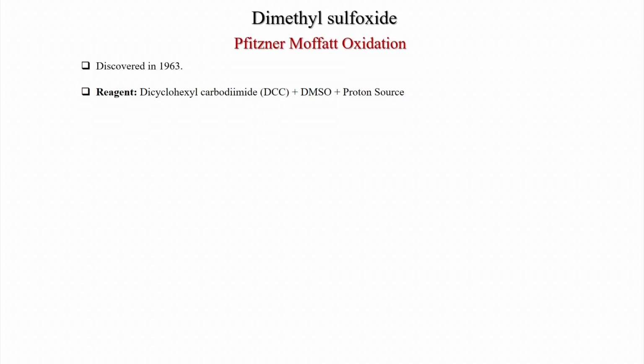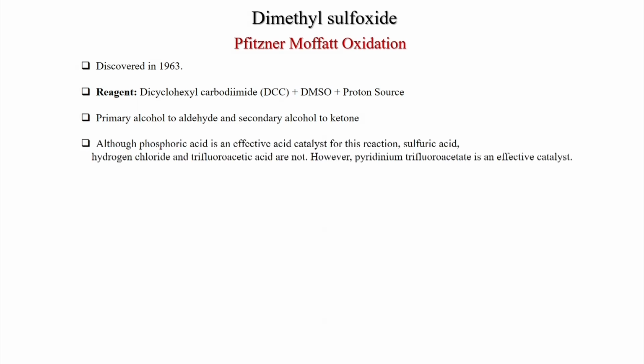Now another oxidation was Pfitzner-Moffatt oxidation. It was discovered in 1963. Here dicyclohexylcarbodiimide, DMSO, and a proton source was used. Primary alcohol can be oxidized to aldehyde, secondary to ketone. Generally phosphoric acid is used here as the proton source.